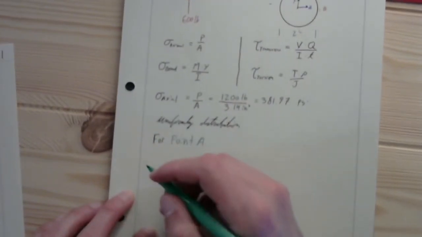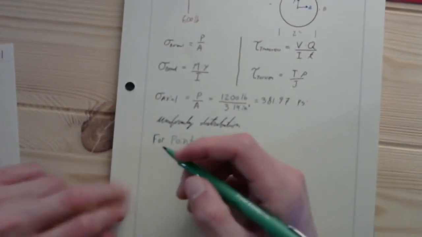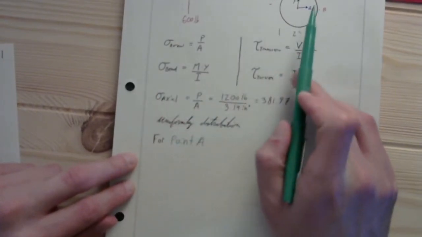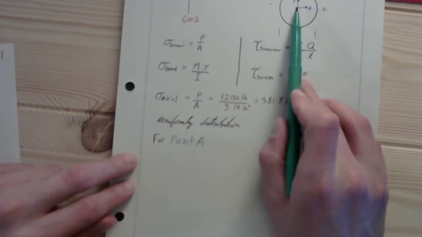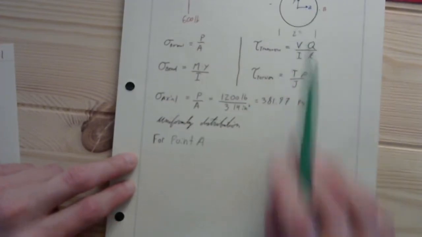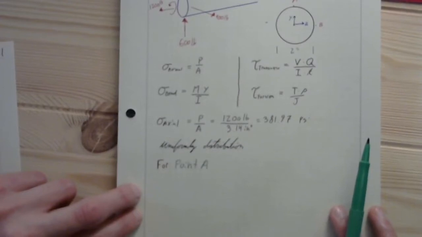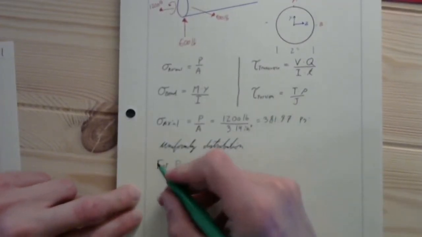So we're going to have stress due to bending about both the y-axis and the z-axis, which now you can't see because I've slid it up. Okay, so we've got that as an issue.